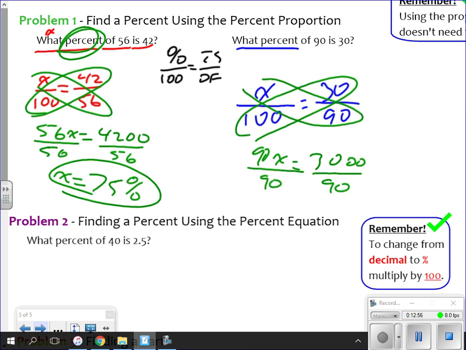You should be working along with me. 33.3. So X is 33.3%. Which, if you go back and look at 30 over 90, that reduces to 1/3. So if I have 1/3, my percentage is 33%. That makes sense.